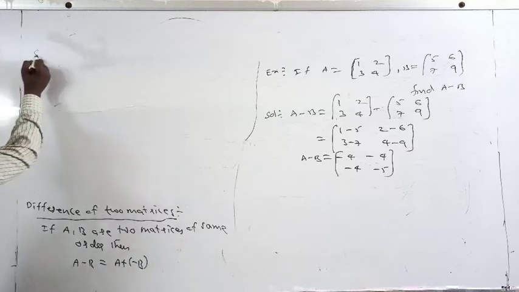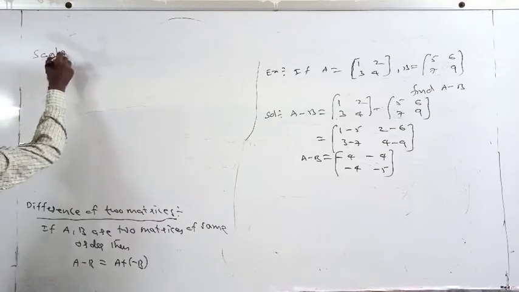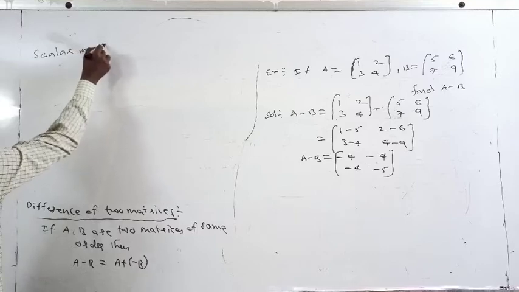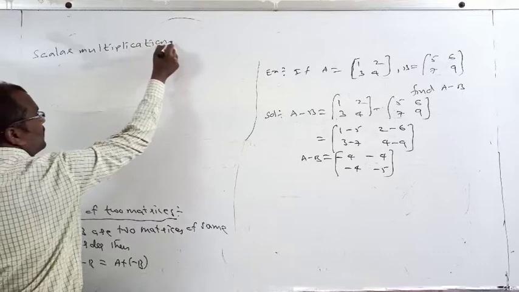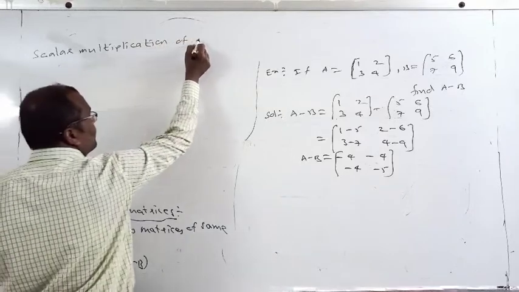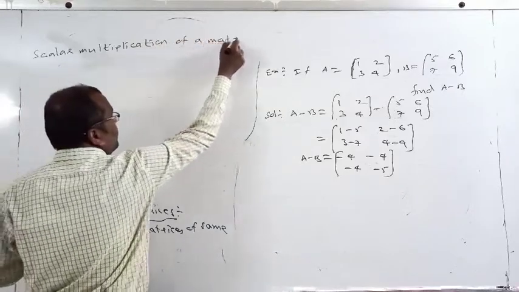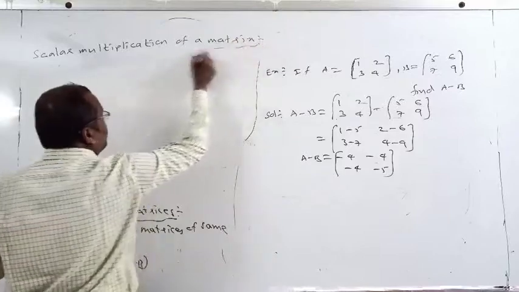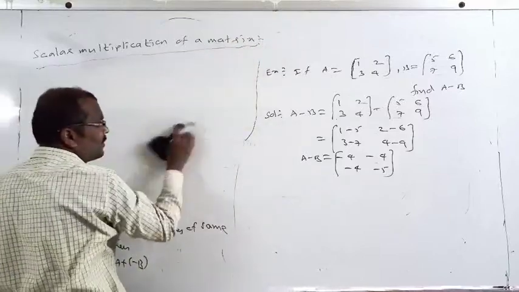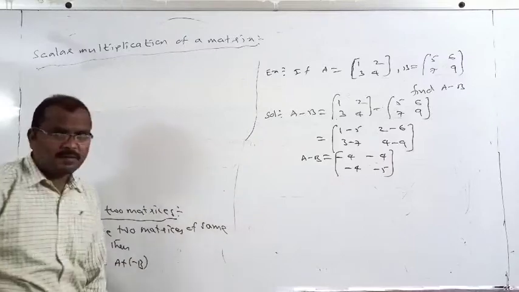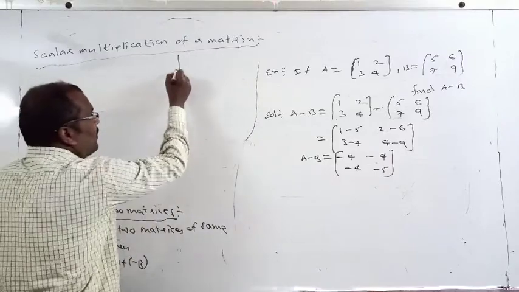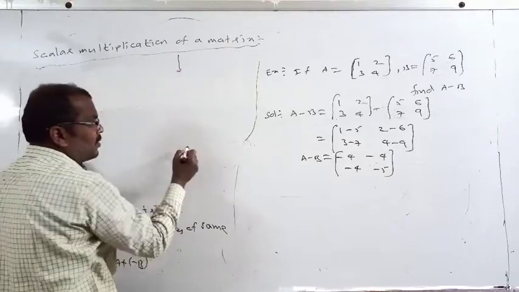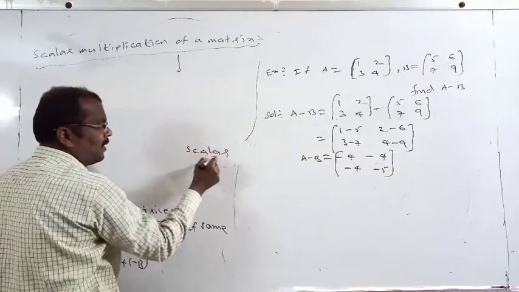Next, identity, scalar multiplication of a matrix. First I am giving the example for this one. Scalar means number. So what is the meaning of scalar number? Real number.